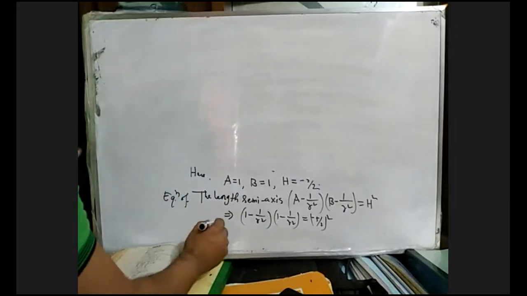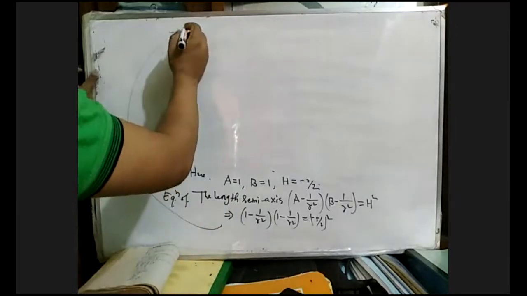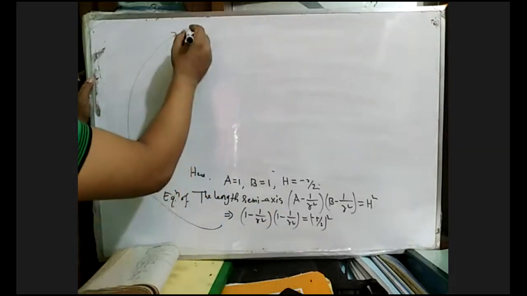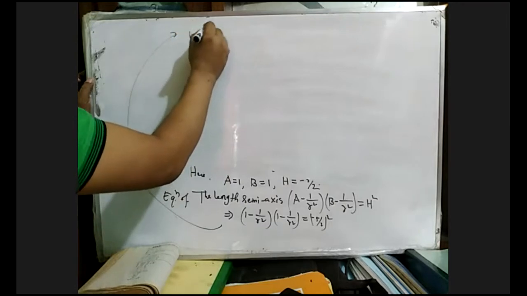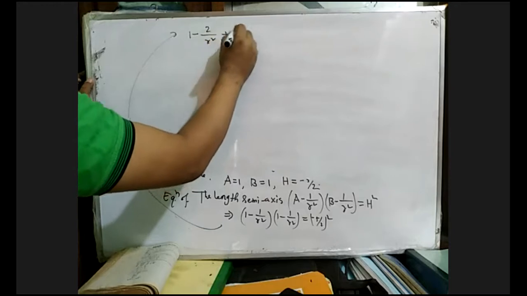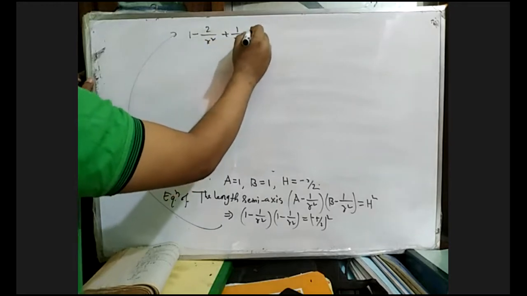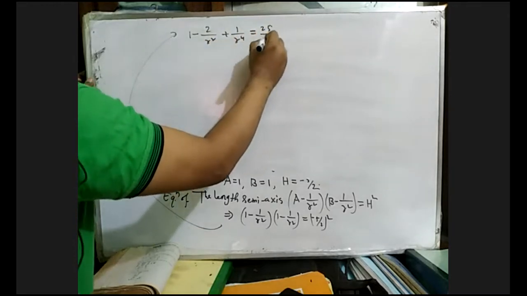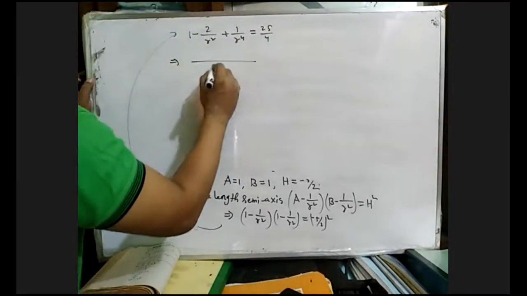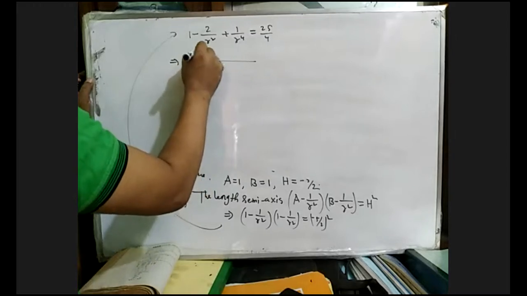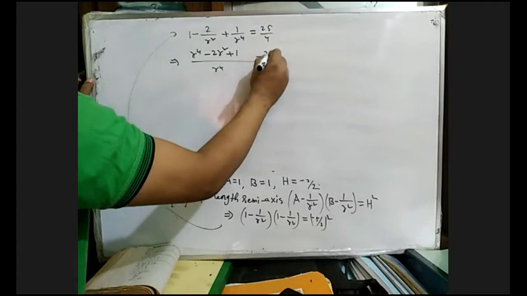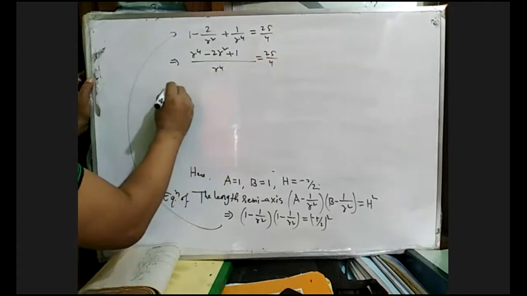After this line, multiplying this and this, we get 1 minus 2 by r square plus 1 by r to the power 4 equals 25 by 4. Taking the LCM, r to the power 4 minus 2 r square plus 1 equals 25 by 4.